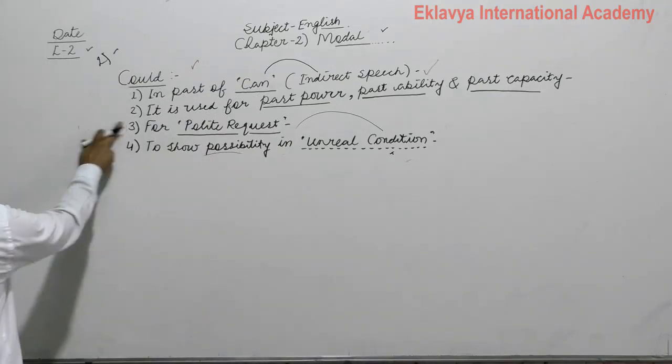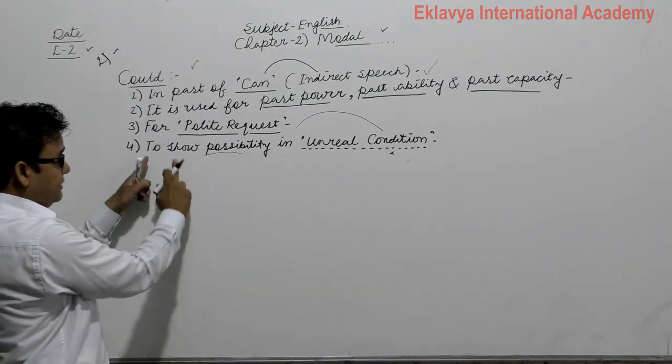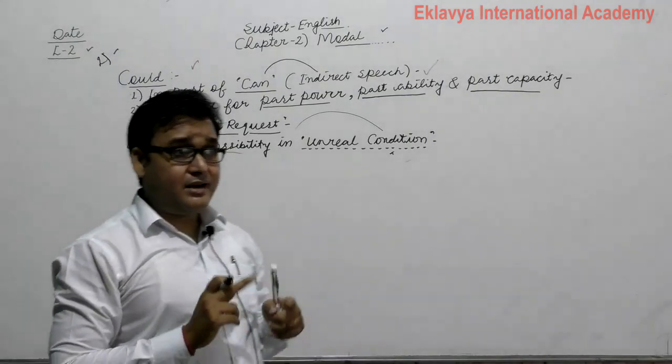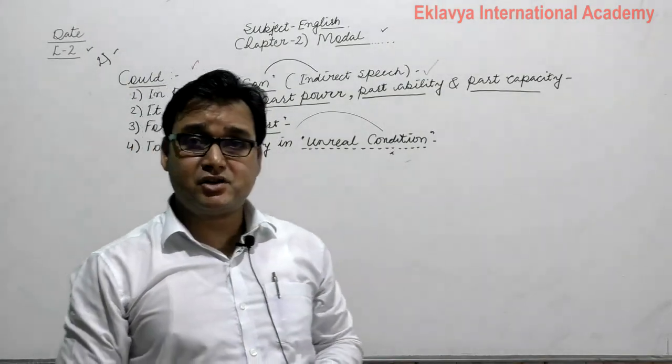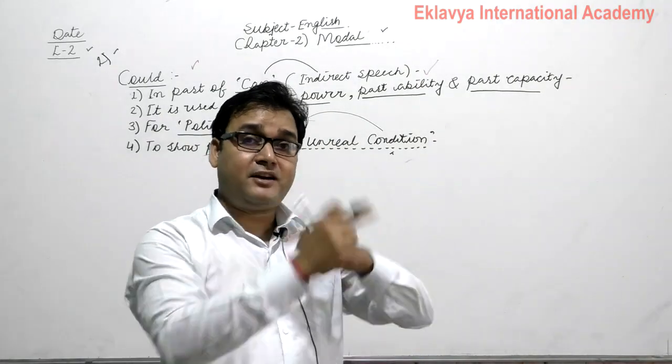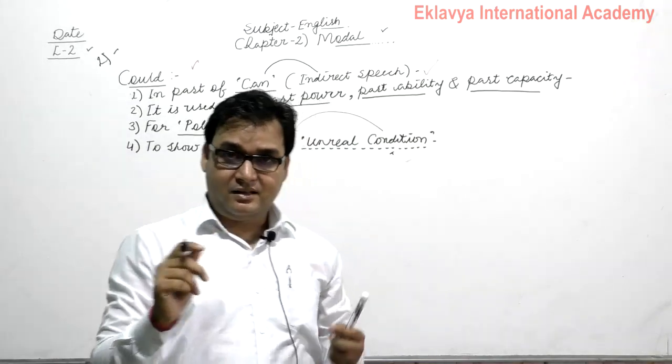And this point is very typical. It is to show possibility in unreal condition. Don't forget that unreal condition is also known as imaginative condition. In imaginative everything is imaginative, but here we find out the possibility. Don't forget there are two situations.